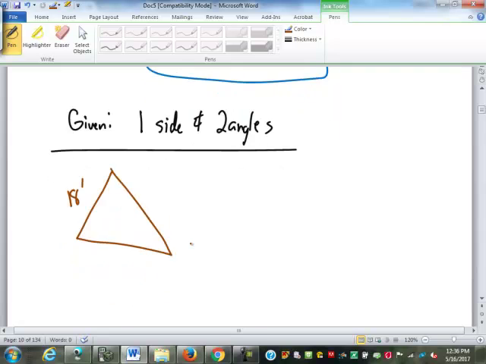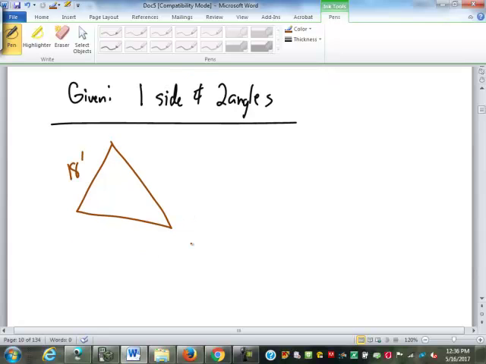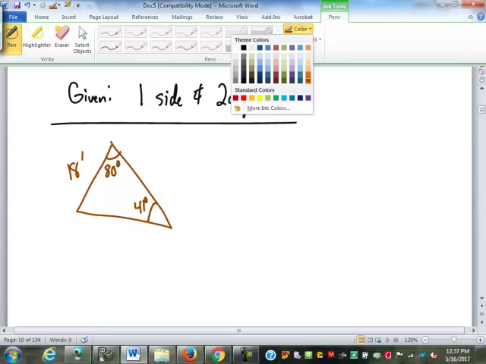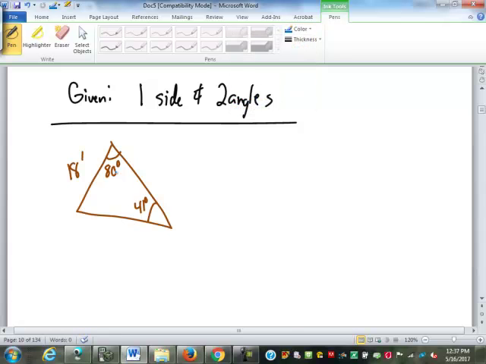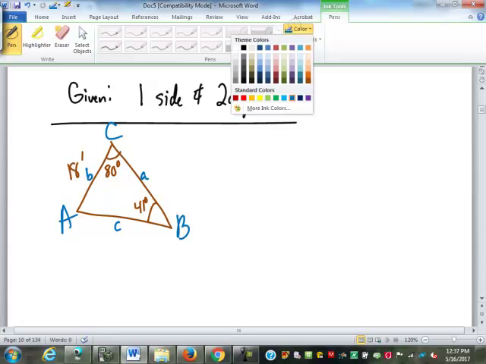So now again, we're going to look at where we have one side given and 2 angles. So I'm going to be given here that I have 41 and 80 degree angles and a side of 18. I can label this however I want to. So I'm just going to go angles A, B, C, sides a, b, c.